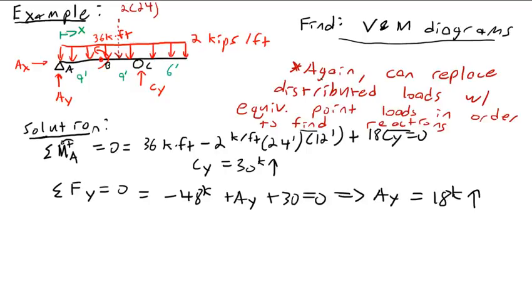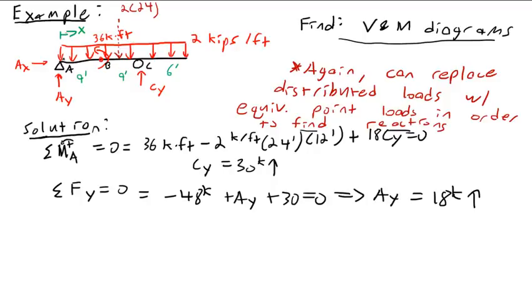So when we actually make cuts, we're not going to use the equivalent point load. 48 kips acting at the center does not generate the same shear and moment as a distributed load across the entire beam. It does generate the same reactions as a 48 kip point load at the center, but the shear and moment will not be the same.